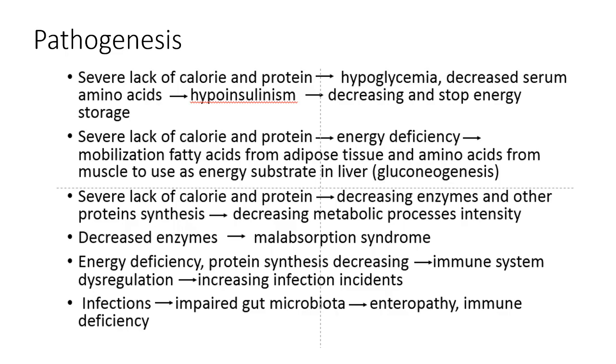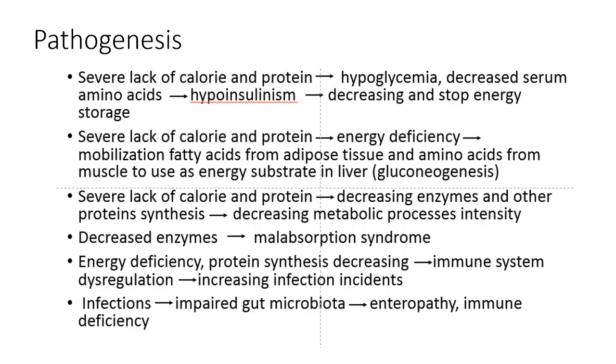Severe lack of calories and protein and energy deficiency activates gluconeogenesis, in which patients start to use free fatty acids and proteins to synthesize new glucose molecules, and due to this, to compensate for the low glucose intake. There is a decrease in enzymes and protein synthesis due to this gluconeogenesis, because enzymes and transport proteins are small proteins, and the organism prefers to use these proteins at the beginning.